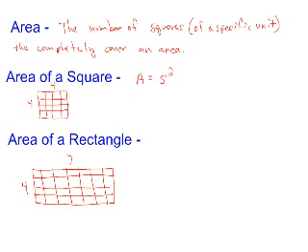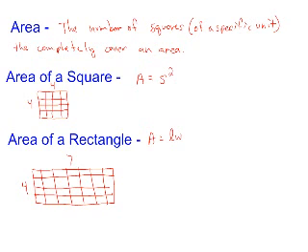Because there are 4 rows of 7, that means you get 7 plus 7 plus 7 plus 7, which is 4 times 7, or 28 squares. So our area of a rectangle can always be found just by multiplying the length times the width. In this case, our example there is 7 times 4. So area of a square is always side squared, side times side, and area of a rectangle is always length times width. Because a square is always a rectangle, in a square, your length and your width are both the same. So that's why it's S squared.